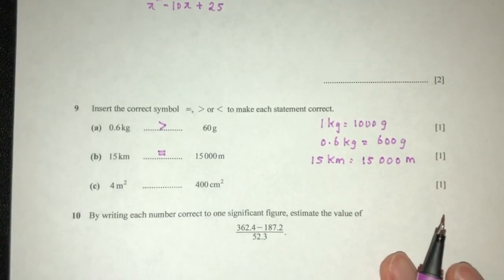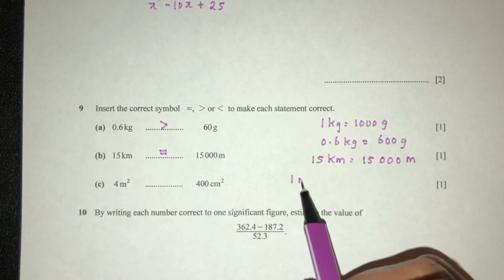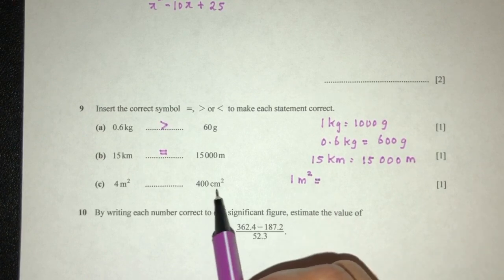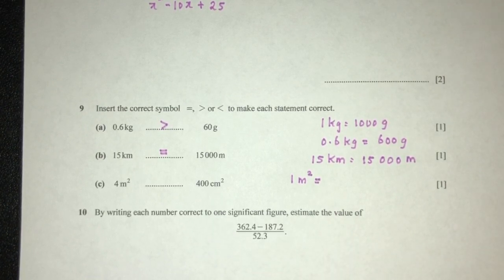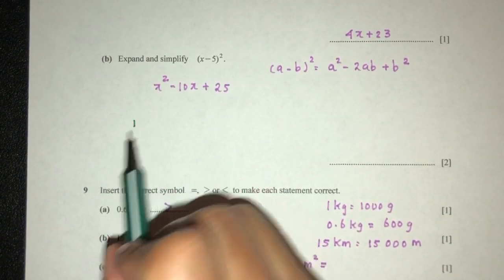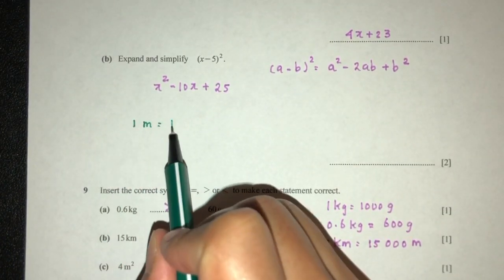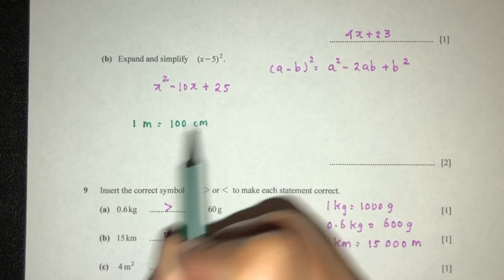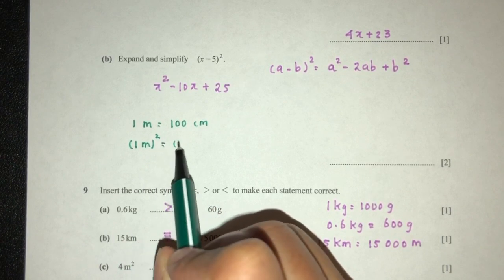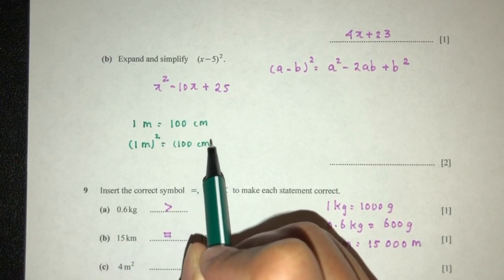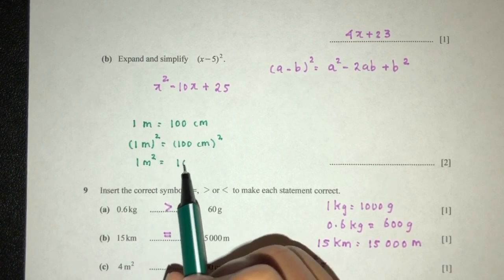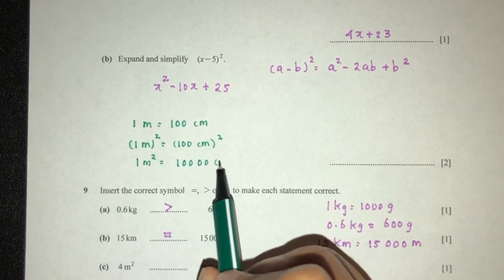For this one, we know that 1 meter squared has to be how many centimeters squared. So let's think, how can we derive that? If you forgot, it's pretty easy. We know that 1 meter is equal to 100 centimeters. If you square both sides, you will have 1 square meter equal to 10,000 centimeters squared.